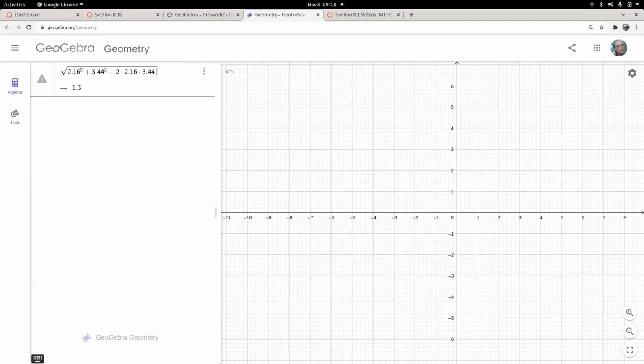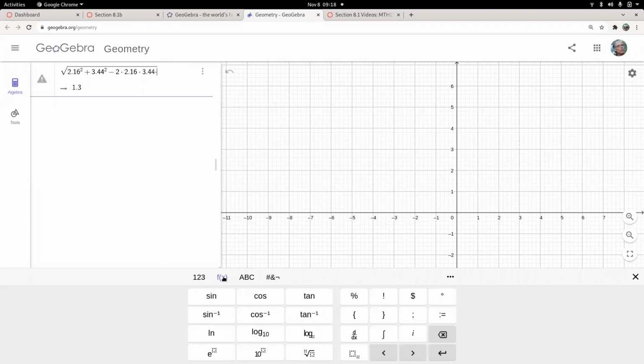And they have a toolbar down here, so I can go grab the cosine, and they also have a degree button, which I like. And what was mine? 40.1. I'm going to make sure it's degrees by doing that. And it comes up with a calculation of about 2.3 on that.